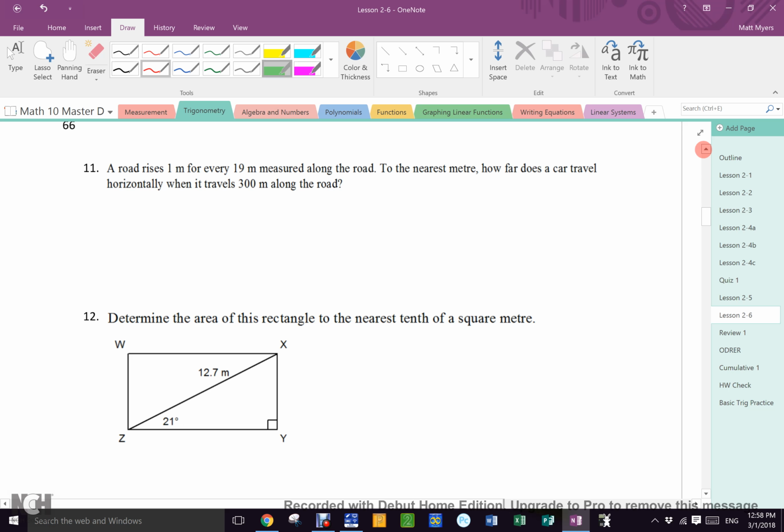Number 11. Everybody draws the triangle wrong. I would like to see if this is the one class that figures it out. Read the questions. Try to draw the triangles.